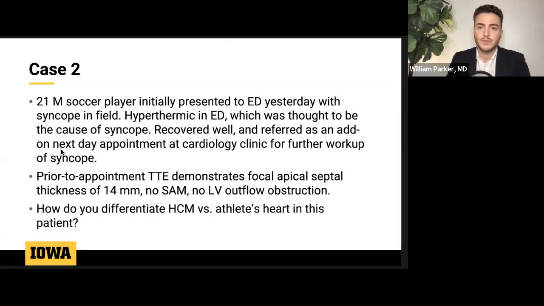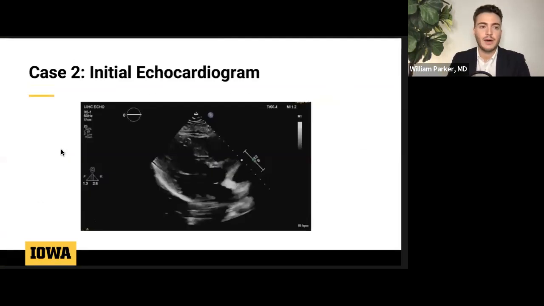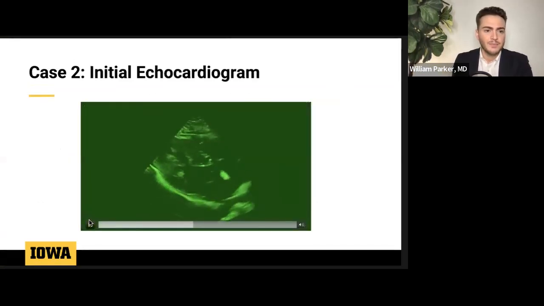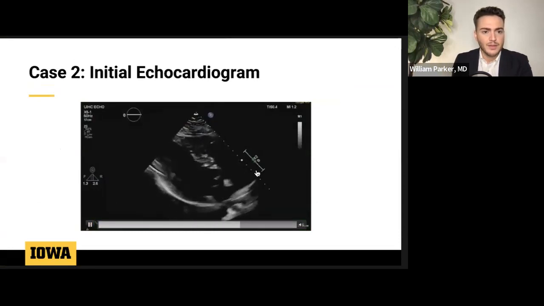Athletes' hearts are known to hypertrophy in response to high intensity training. So how do we parse those two out? This is his initial echo, and you can see almost focally, the apical septum does look a bit thickened.